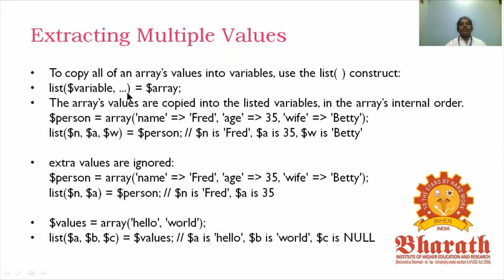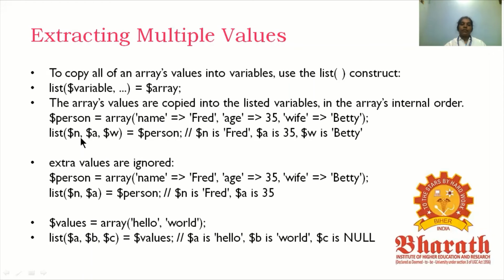How many values are you going to retrieve? Inside the list function, you should specify the variables, and on the right-hand side of list, we should specify the array variable. So see the array: list of $n, $a, $w.